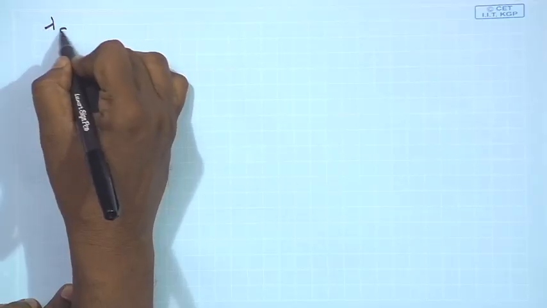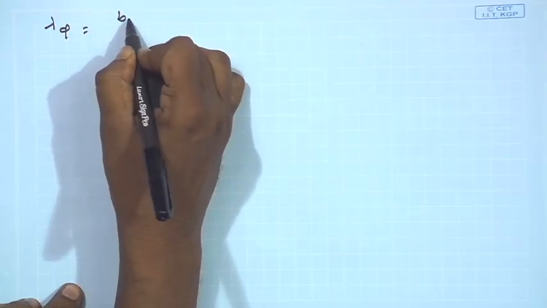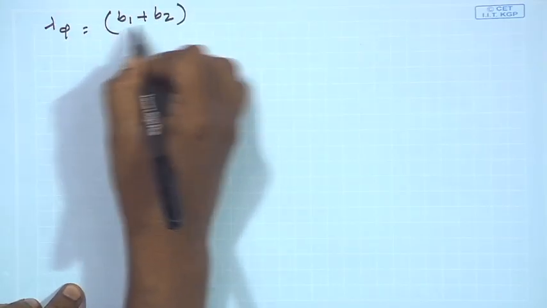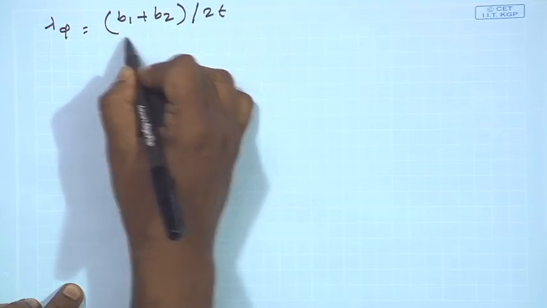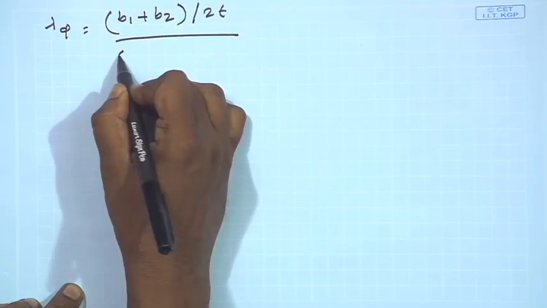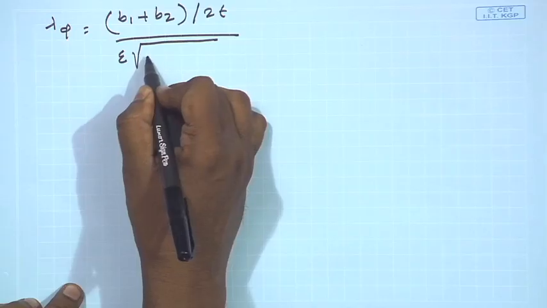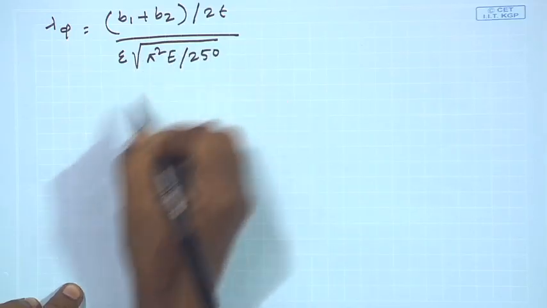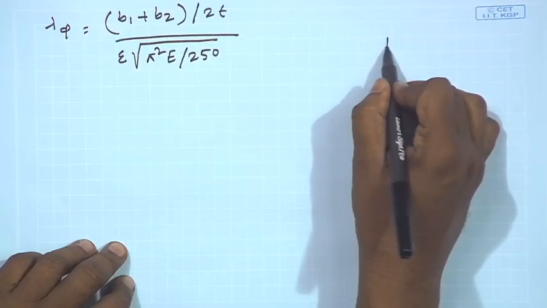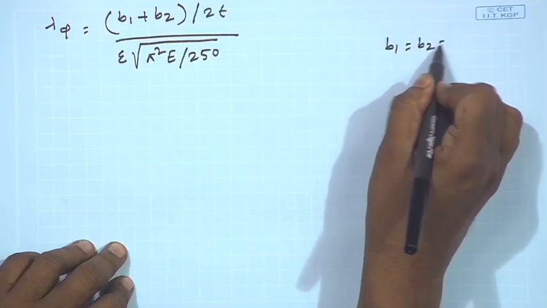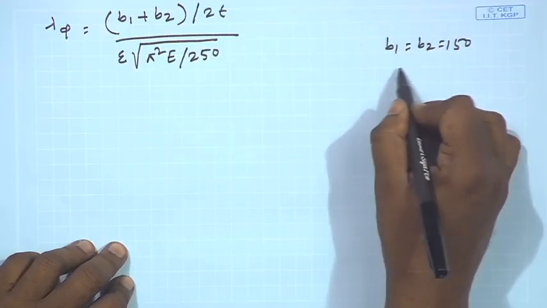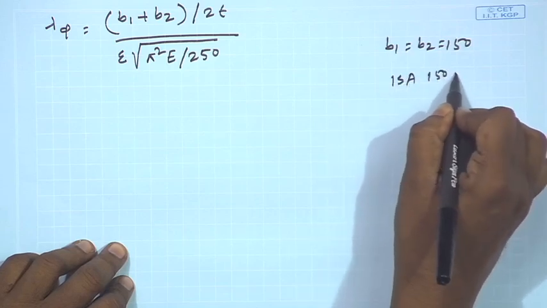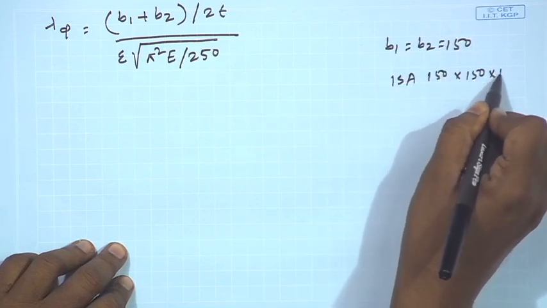Next, I will find out the value of lambda phi. Lambda phi is given as B1 plus B2 by 2t by epsilon into square root of pi square E by 250. Here B1 is equal to B2 is equal to 150, because we have used ISA 150 by 150 by 12.